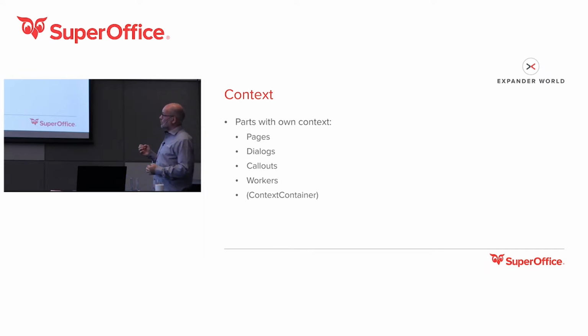We have something called callouts, which is like a pop-up with functionality. And we have workers, which is more like a background context that lives in the background, has no UI, but works in the background. And we have something called a ContextContainer that I will explain a little later.